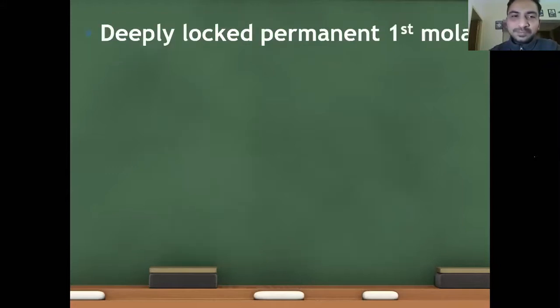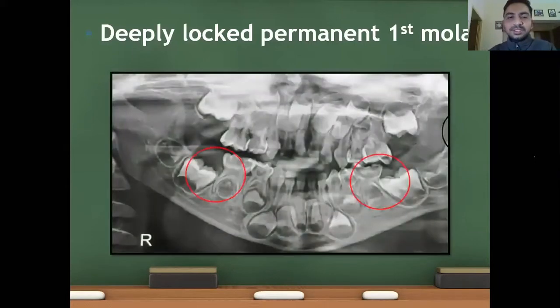Okay. I think this is the second last point, that is managing the deeply locked permanent first molar. As you can see in this orthopantomogram, this first molar is locked beneath the distal bulge of the second deciduous molar.